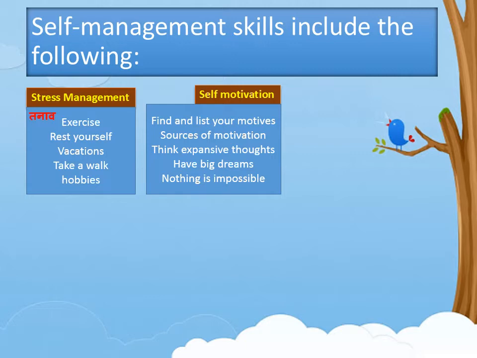It might be books, some music, some other activities. Those are called the sources. Next is to have big dreams. You should know that nothing is impossible. To fulfill those dreams, you have to motivate yourself. Remember that.